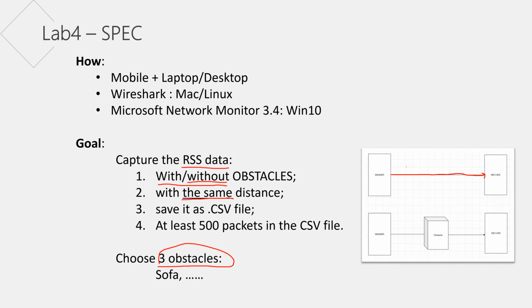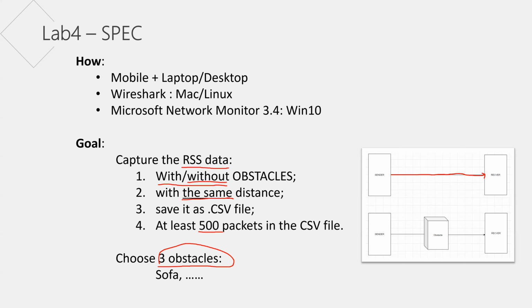But if you have enough space, maybe you should try different distances to have a look at the difference in the RSS data, because we consider maybe 5 or 6 meters is the best distance to capture the data. But it may depend on your interface or environment. It depends on a lot of things. So you can choose your distance by yourself. Just specify your distance in the report.